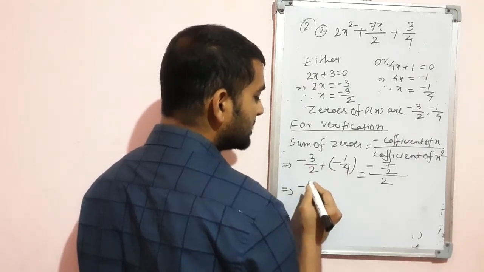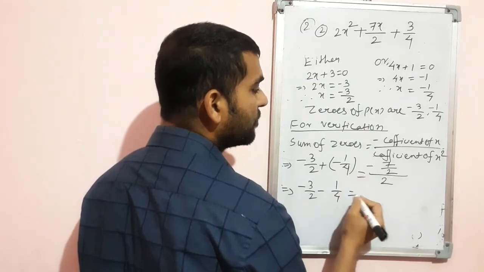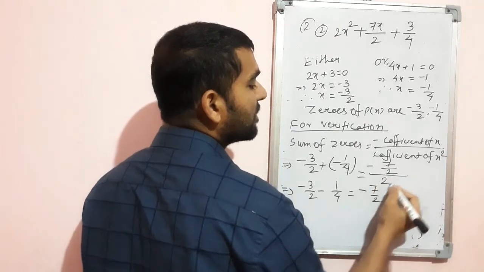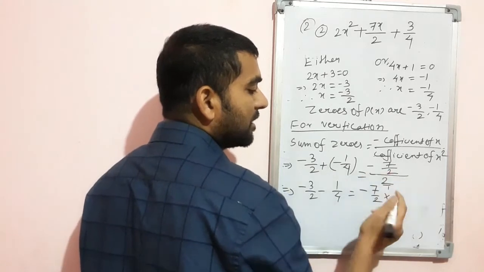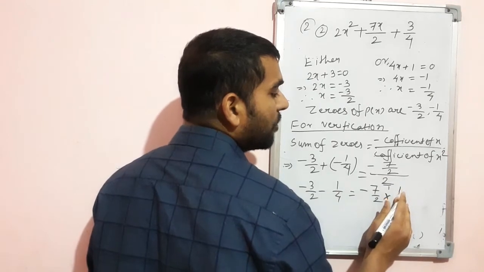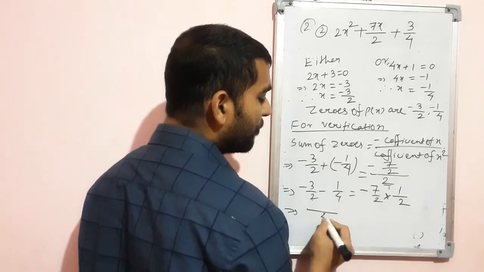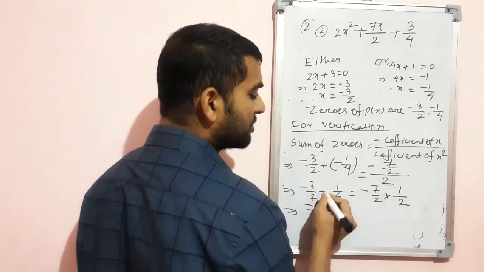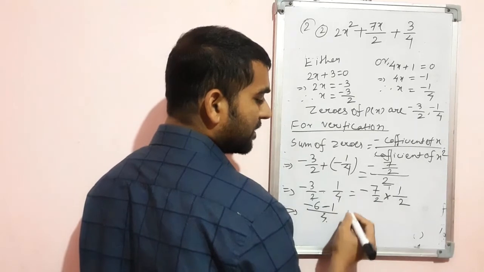It's minus 3 by 2 plus minus 1 by 4 equal to minus 7 by 2 divided by 2. Nothing is here, so 1. When you write divided by, you will make it multiplication by the reciprocal, so 1 by 2. Take the LCM. LCM of 2 and 4 will be 4. 2 2s are 4, 2 times 3 is 6, minus. 4 divided by 4, 1, 1 into 1 will be 1.